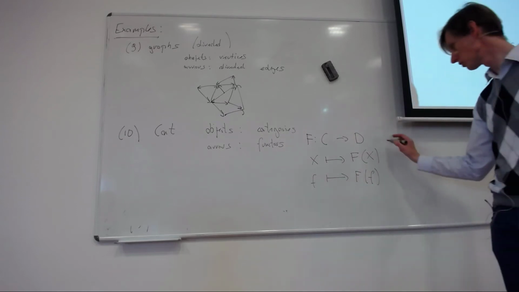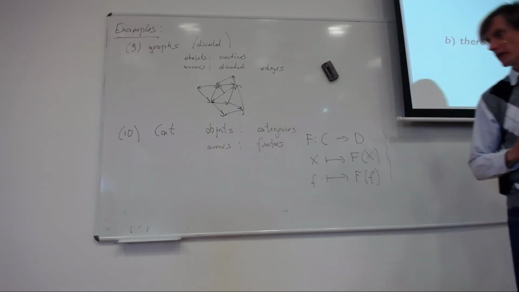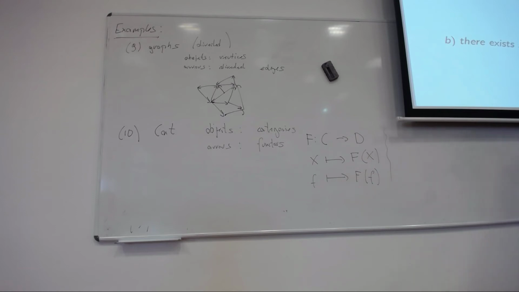It would be sort of pointless to list them. But as you can guess, a functor, a map between two categories, is something that assigns objects of one category to objects of another category, and morphisms of one category to morphisms of another category.